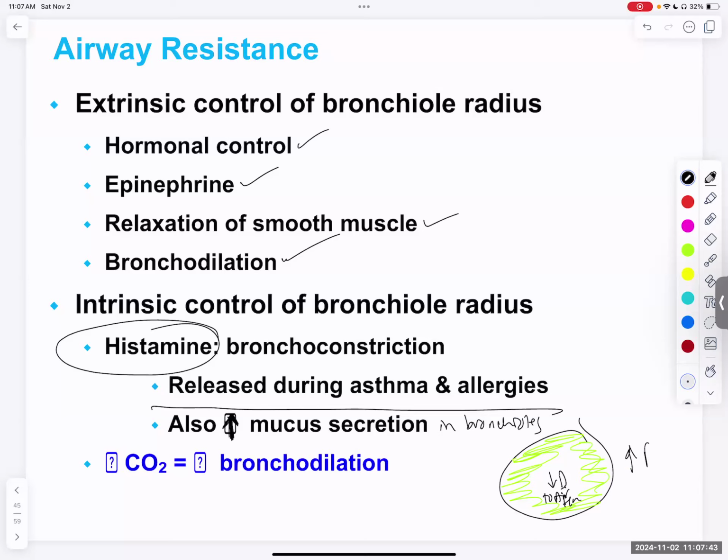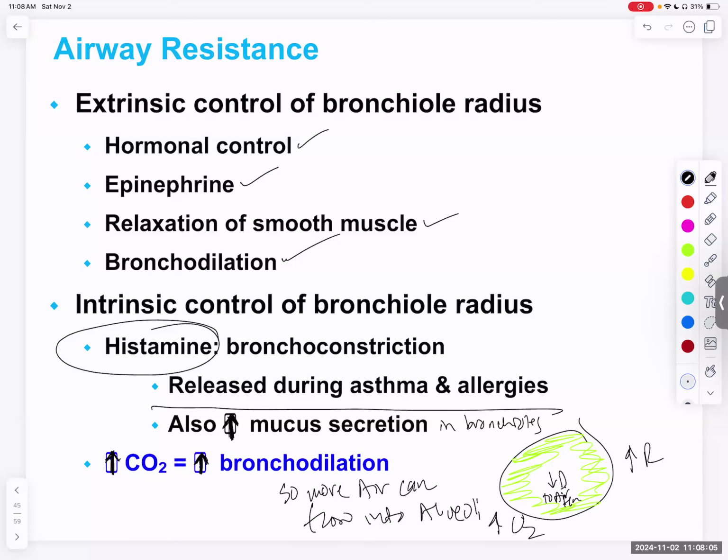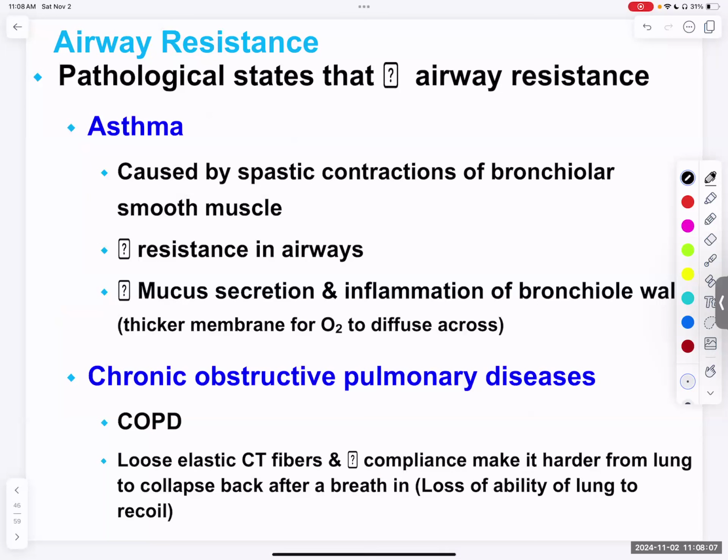And this is increasing resistance, right? An increase in the partial pressure of carbon dioxide is going to increase bronchodilation, so more air can flow into alveoli, right? To increase oxygen delivery.